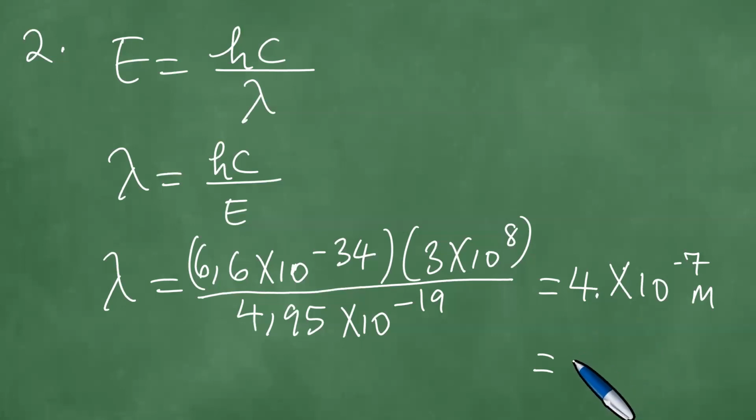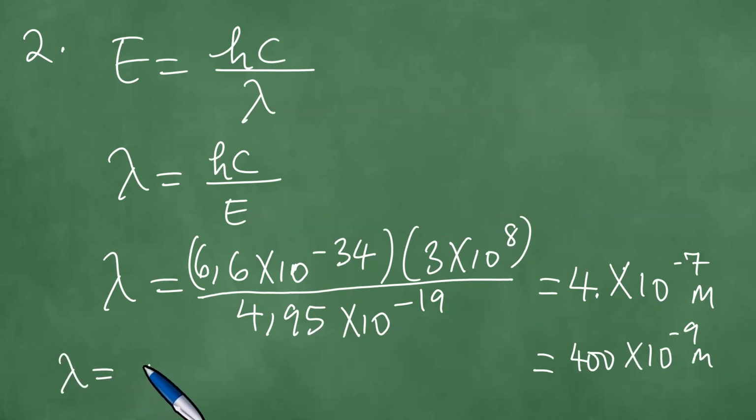If you move the decimal places 2 times towards the right, this is going to be minus 9. So that lambda is 400 nanometers.